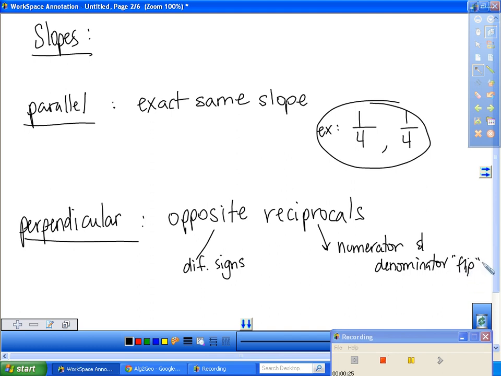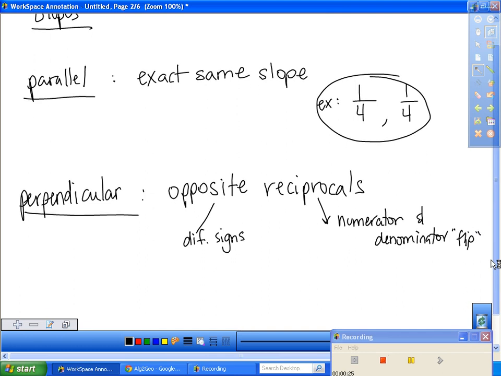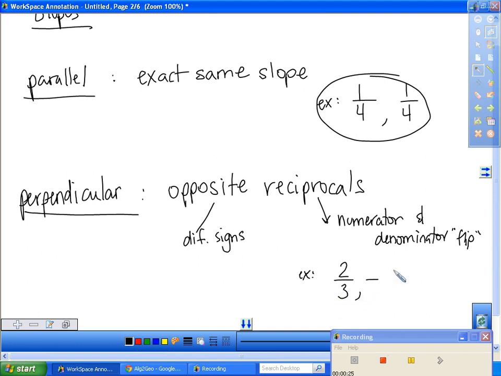And we'll write flip in quotes because they're not really flipping, but they're going to be in the reverse order. So an example of opposite reciprocal slopes or perpendicular slopes would be if I had one line with a slope of 2/3 and another line with a slope of -3/2.